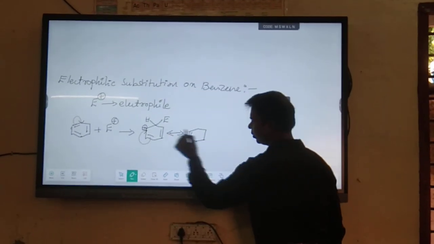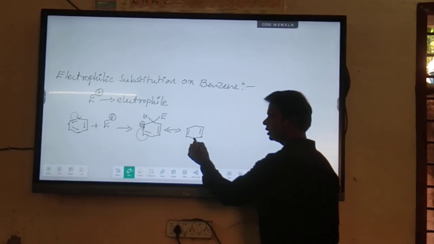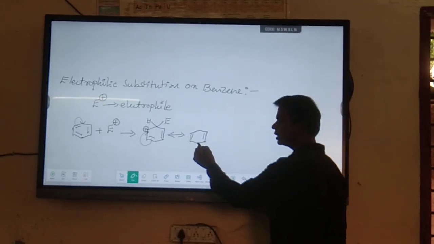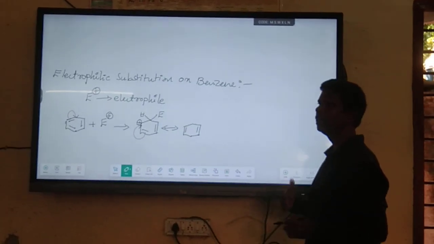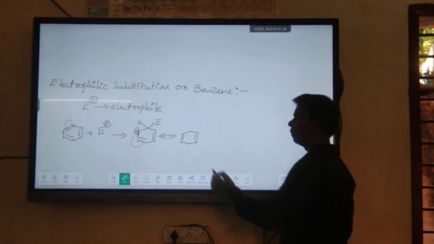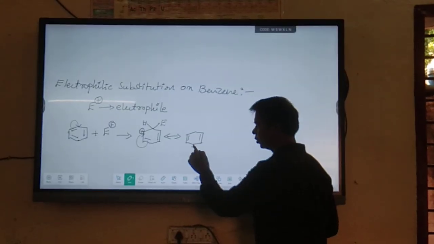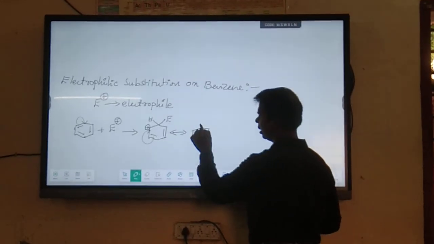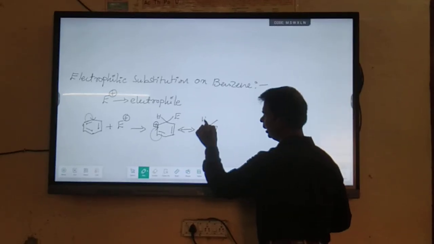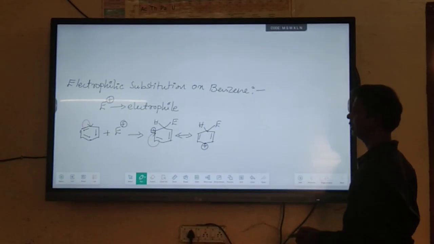What is the charge supposed to be on this carbon? Positive charge or negative charge? Positive charge. So positive charge, and this hydrogen will be as such, the electrophile will be as such.